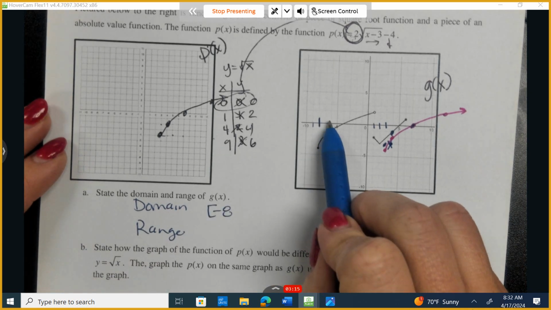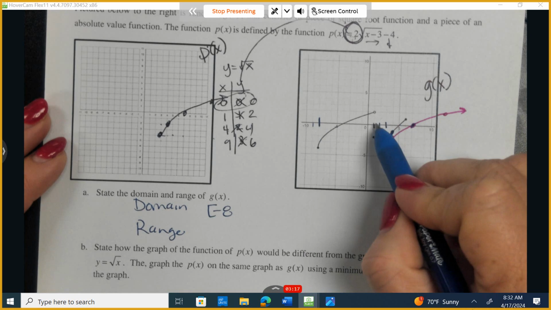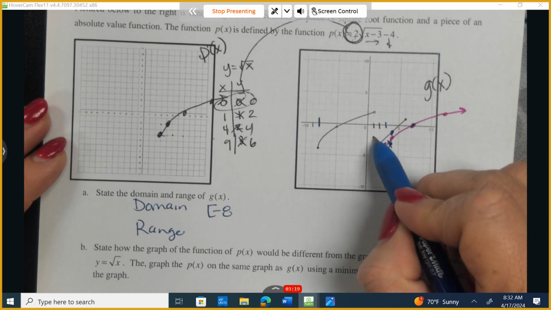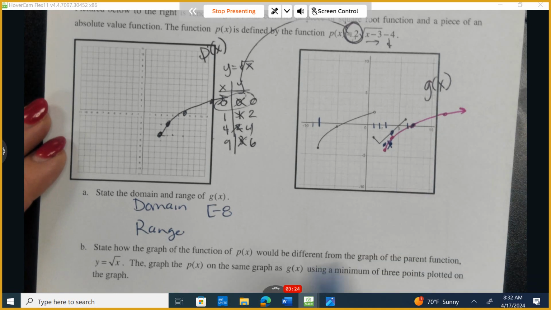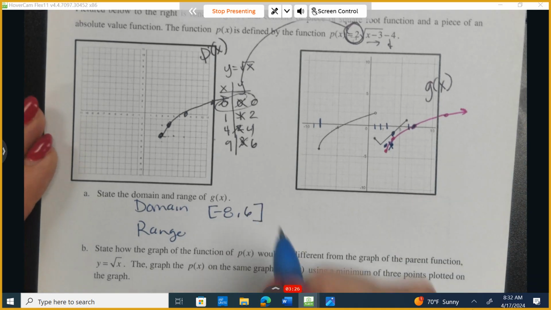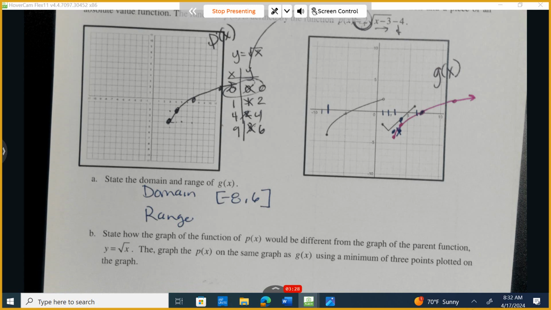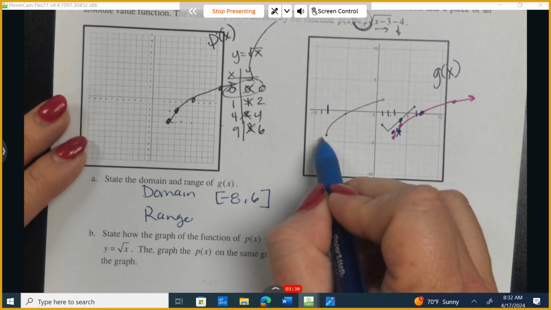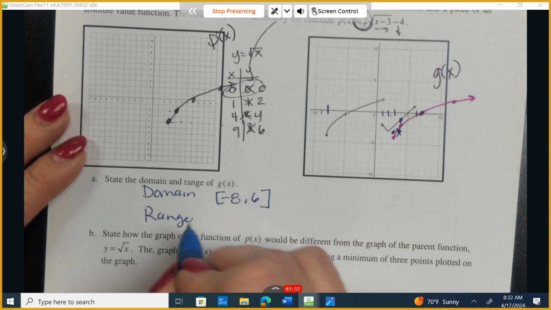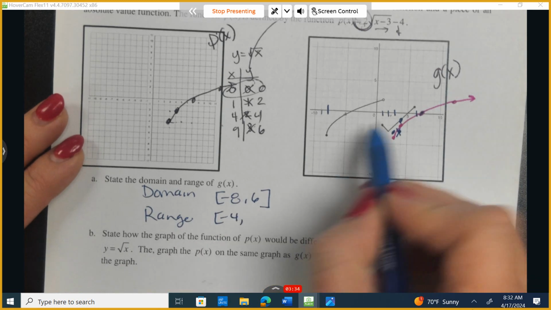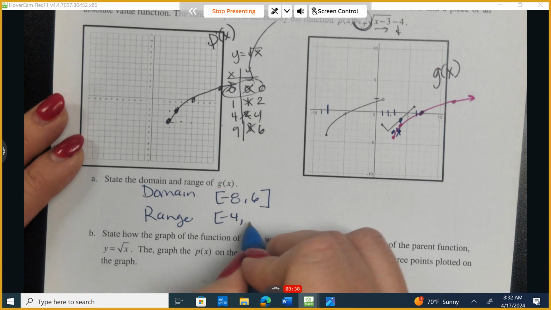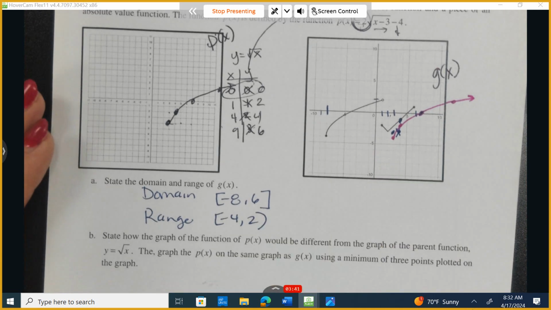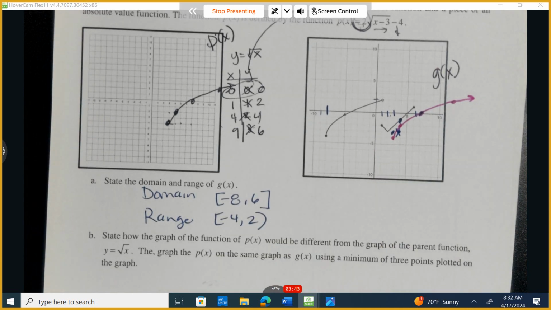And if you walk along this bridge, you can look down, look up, even here at +1, although there's a hole in the graph above, down below there is an output, all the way to +6. And I include those points. Now the range, it goes as low as -4, and as I look up, it goes as high as +2, but at 2 there's a hole in the graph. For those in front of me, do you guys agree?